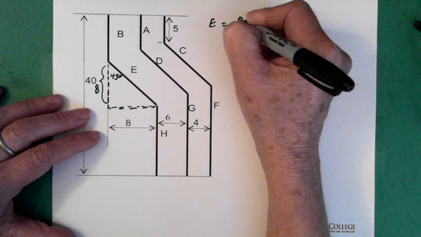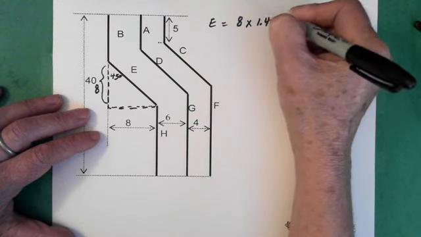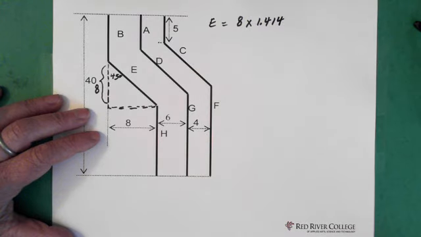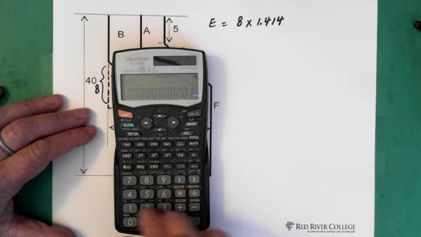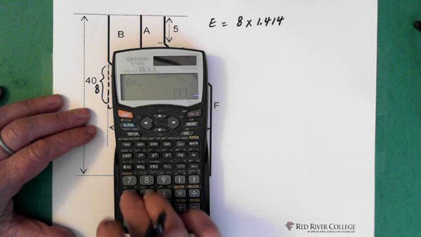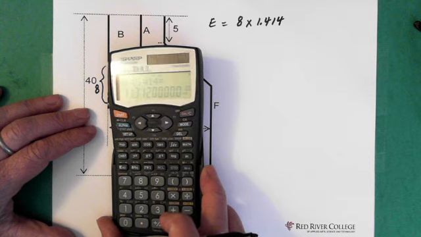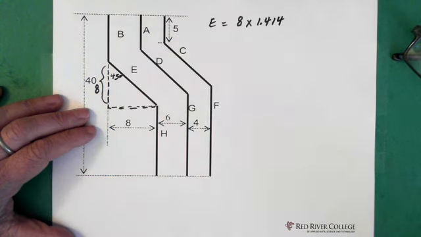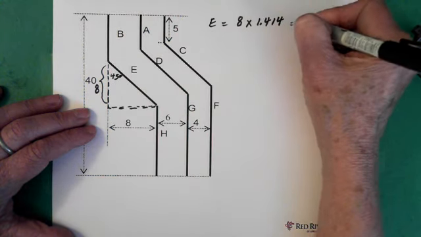So the offset times 1.414. So we have 8 times 1.414, which equals 11.31. All right, so E equals 11.31.